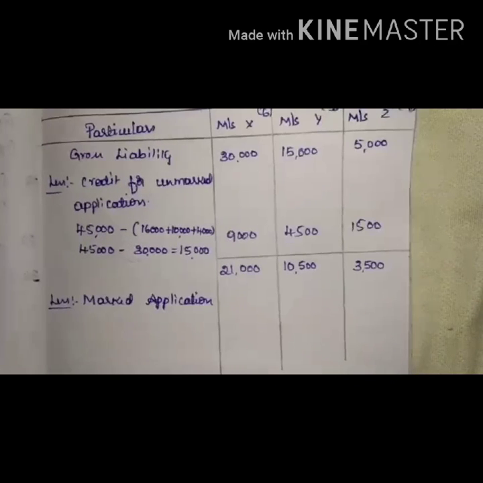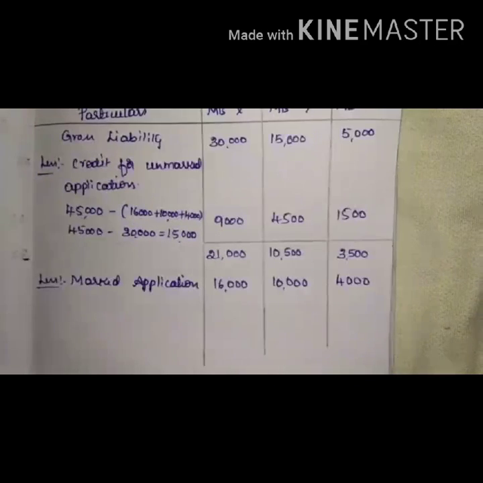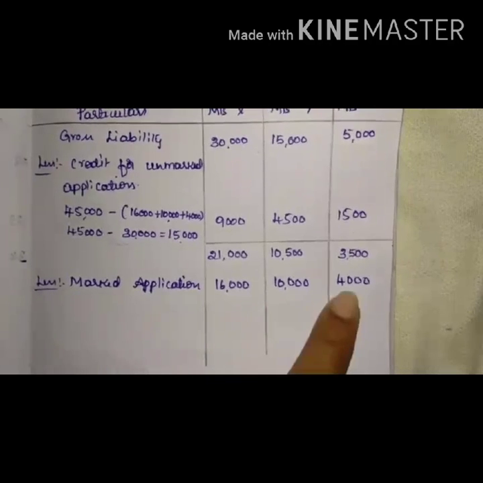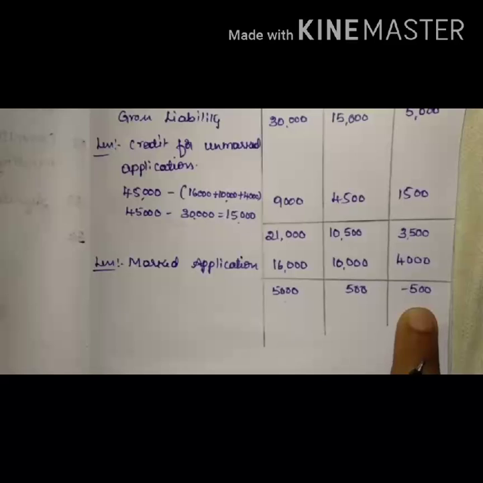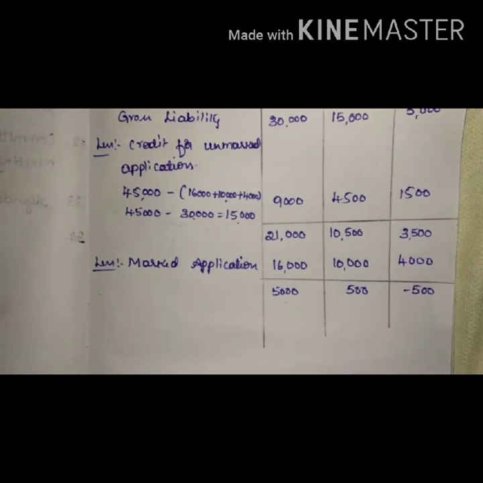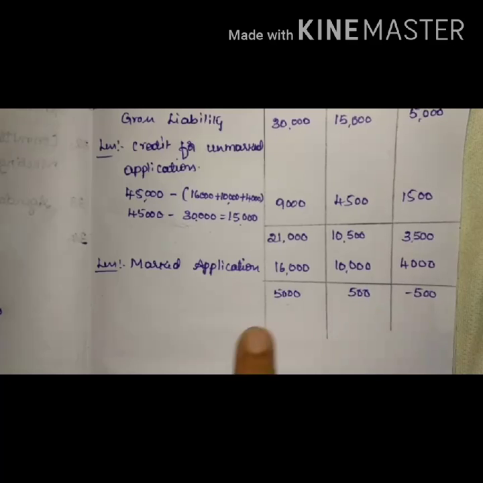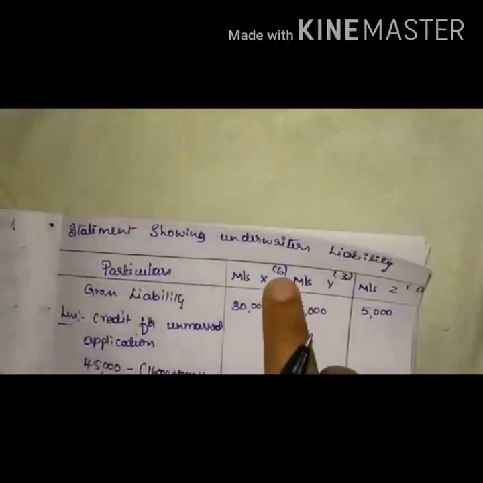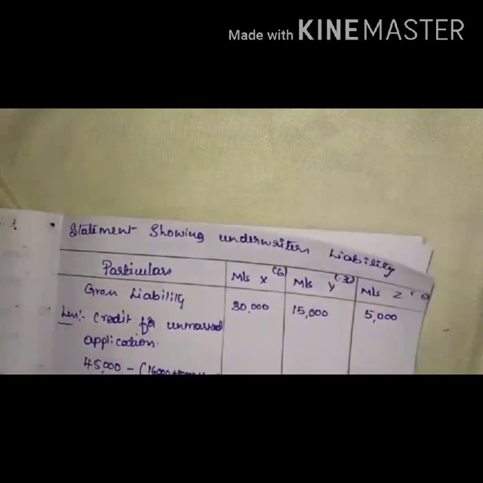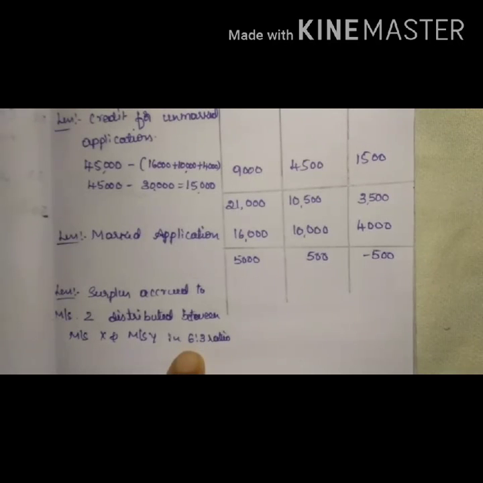Less marked applications given in the problem, that is 16,000, 10,000, 4,000. Here we'll be getting a surplus for Mrs. Z, and that surplus we have to share among the remaining underwriters, that is X and Y, in their ratio, that is 6 is to 3. If you simplify this ratio, you'll get a 2 is to 1 ratio.